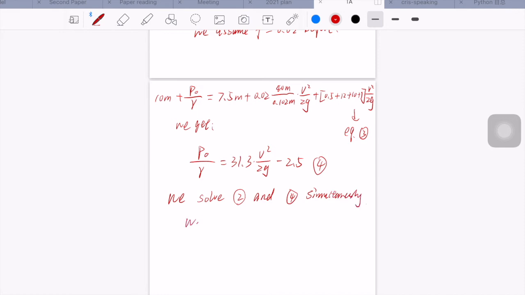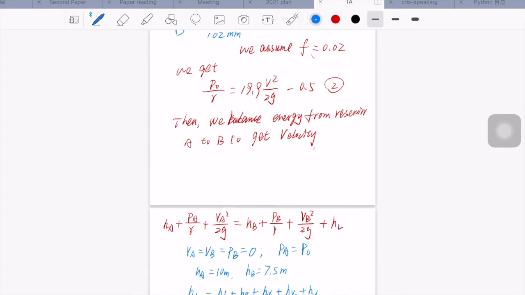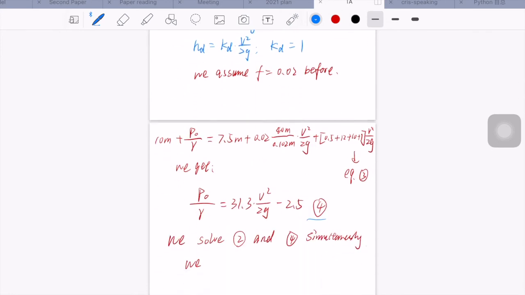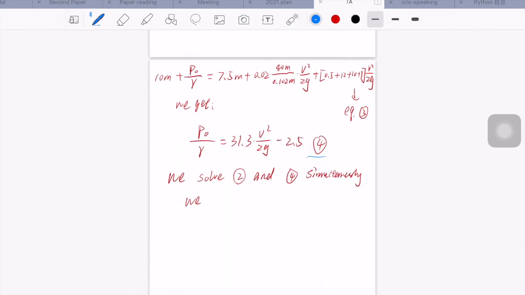So we get the velocity V equals 1.86 meters per second.